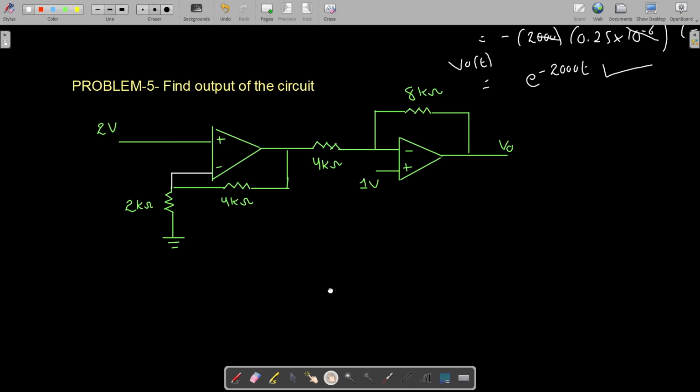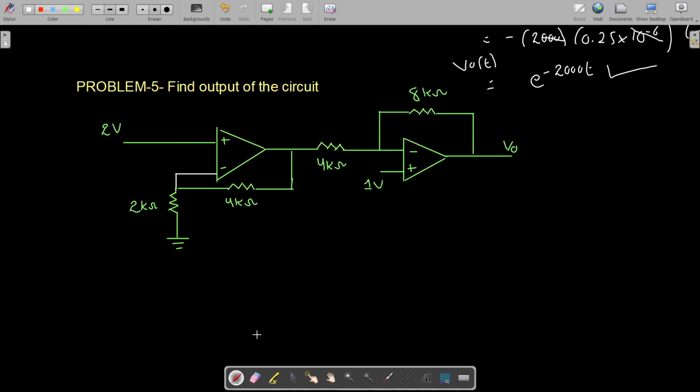Okay, now we need to find the V naught. First of all, let me mark VO1 over here, because I know that this is your non-inverting op-amp and I know the gain of the non-inverting op-amp. What I'm going to do is find the VO1 and then do the further simplification. I have named this output as VO1 and I know that this is your non-inverting op-amp because input is applied to the non-inverting terminal.